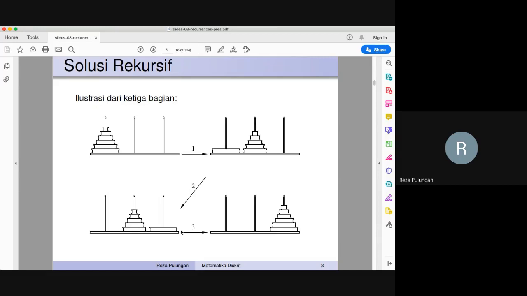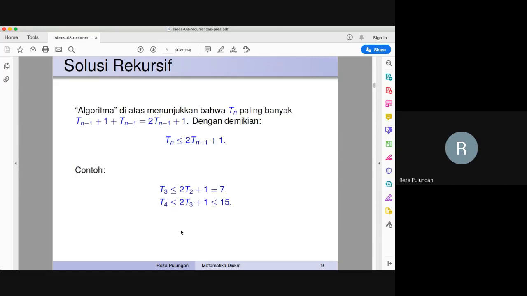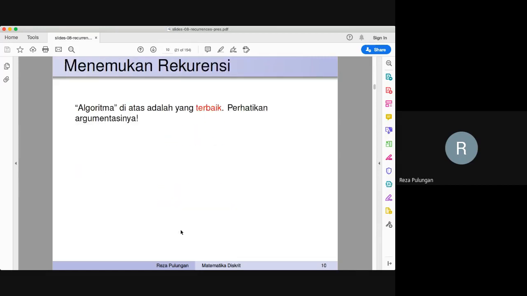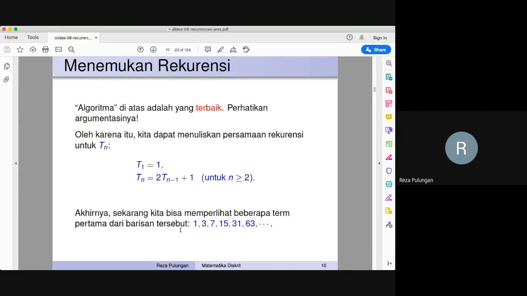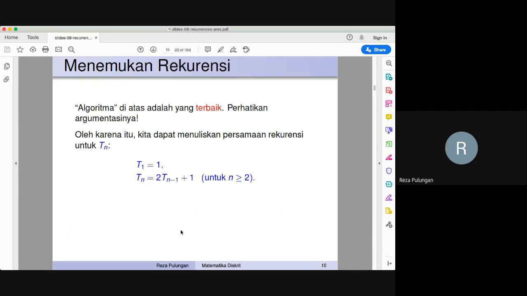T(n minus 1) moves. So then, I will just skip this slide. So then, what do we have? What we have is this one.